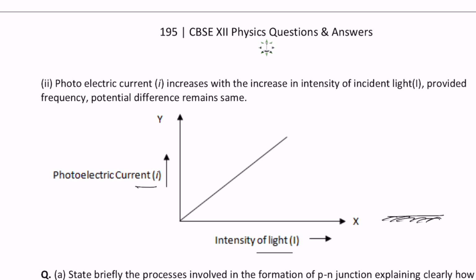Now if the incident light meets this threshold frequency and we increase the intensity, the photoelectric current also increases. So it's a proportional relationship, a straight line passing through the origin. When no light is incident, the photoelectric current is 0. So, a straight line.